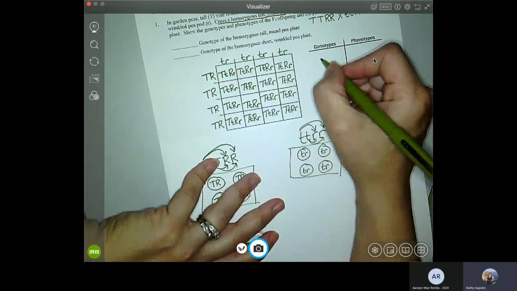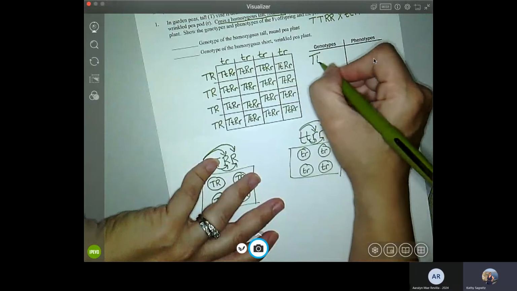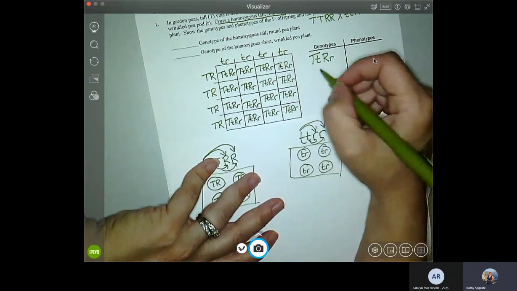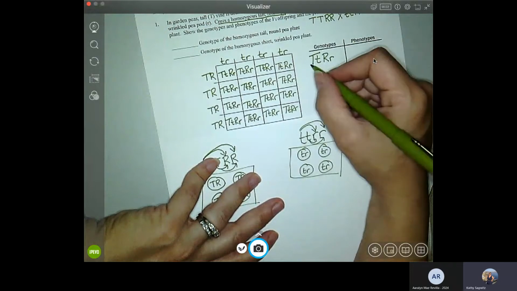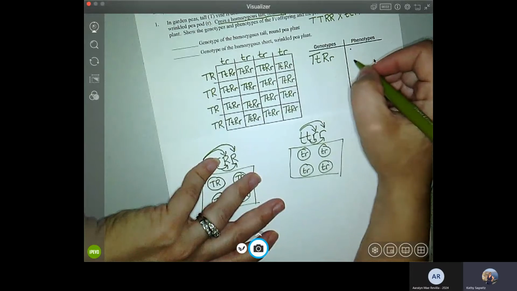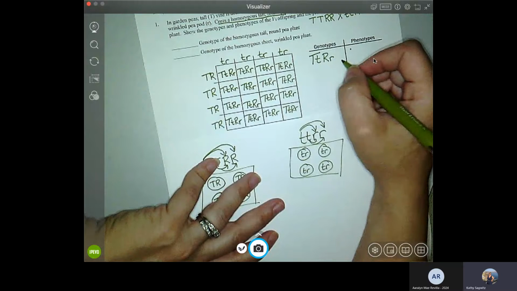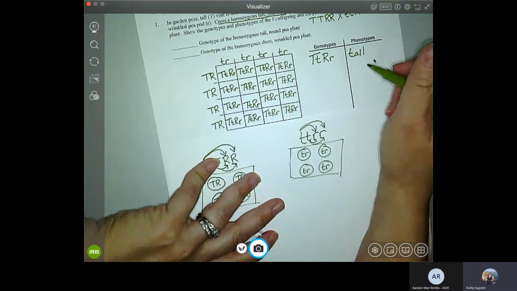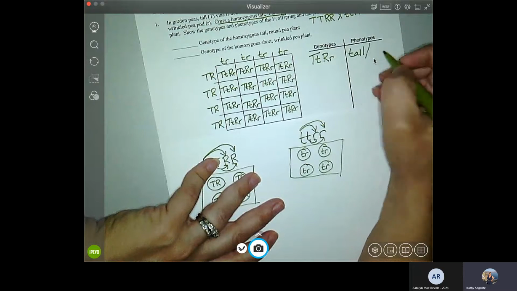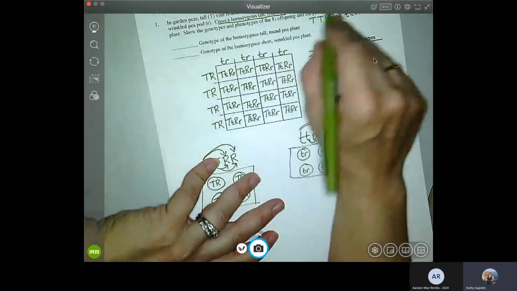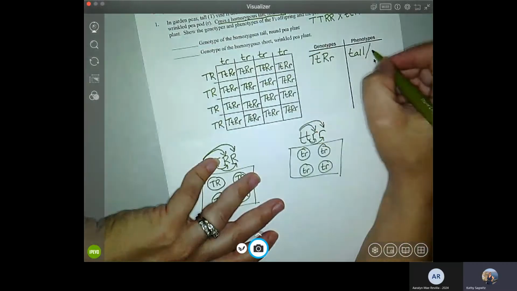So the only genotype we are going to get is big T, little t, big R, little r. And what's that going to give me? What's my plant going to be? Is it going to be tall or short? Tall, very good. And what are the seeds going to be, round or wrinkled? Round, because we have R being dominant, so they will be round.